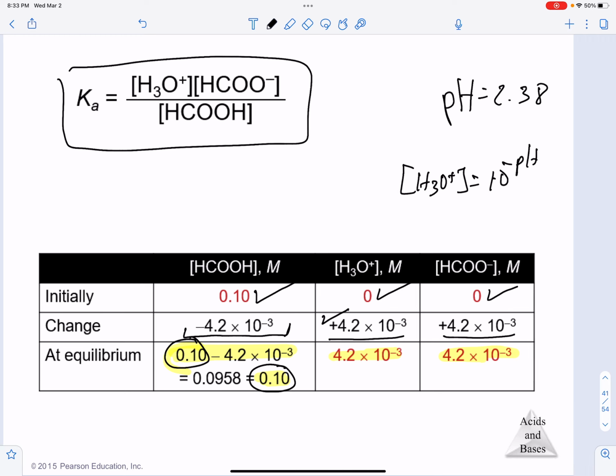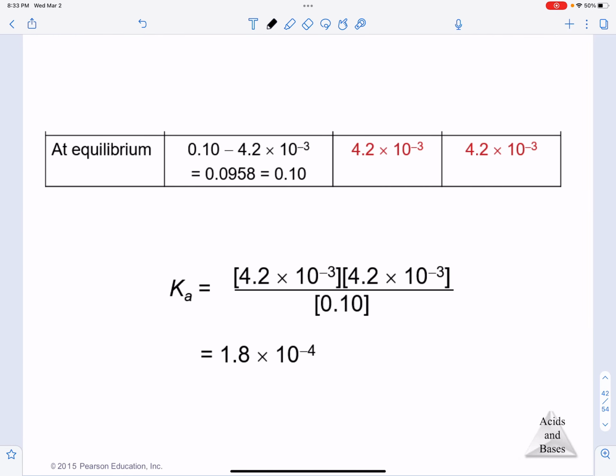We take those values and fill up our equilibrium expression. This will be how much formic acid we have at equilibrium, and this will be how much hydronium and formate we have at equilibrium. We fill it up, and we come up with an equilibrium constant for acidity of 1.8 times 10 to the minus 4.